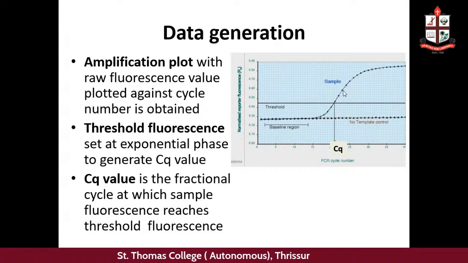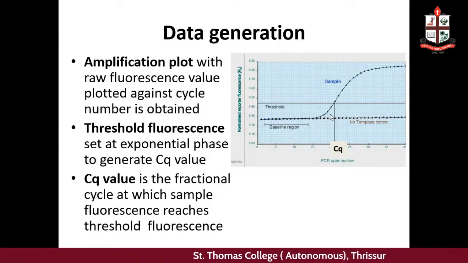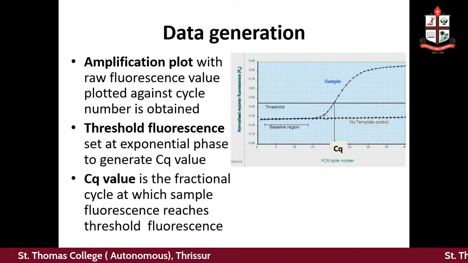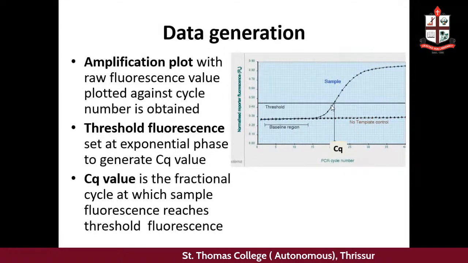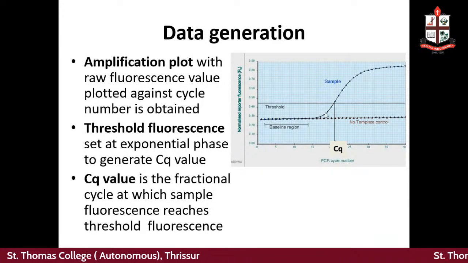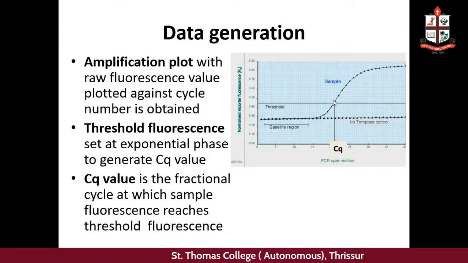It should be kept in the exponential phase, and it is not good to keep the threshold very low, because although the PCR is happening in an exponential manner, that will not be reflected in the curve.